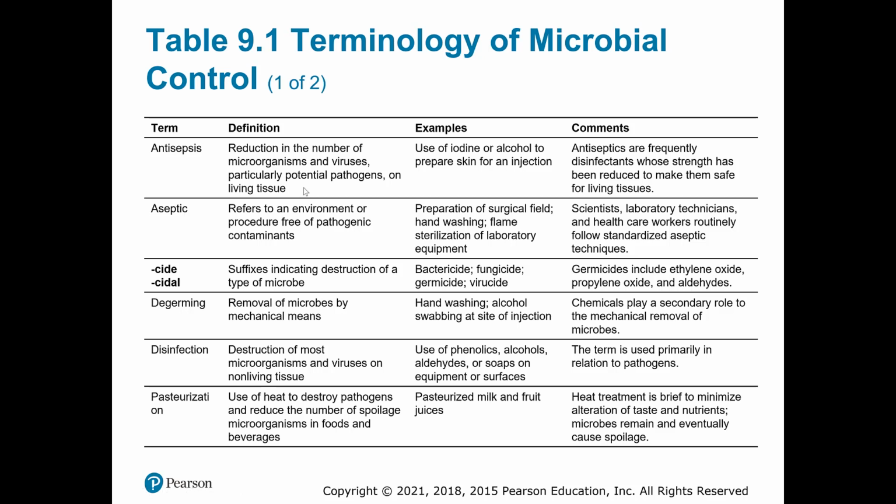But if you're using a chemical, it could be the same chemical, to destroy some or reduce the number of microbes on non-living tissue, like a kitchen counter, then that's a disinfectant. And so some agents are only antiseptics, some are only disinfectants, and some can be both.